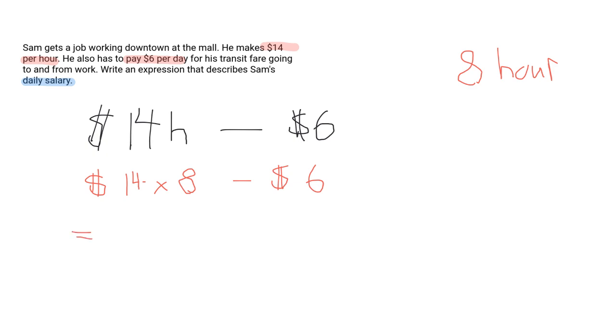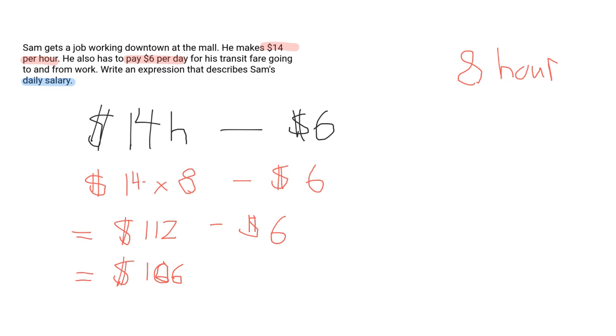So that's going to equal 14 times 8, which is $112 minus the $6 pay, which means he is going to make $106 per day for an 8-hour shift. If that number changed to 7 hours or 6 hours or 10 hours, then obviously you would see that amount change.